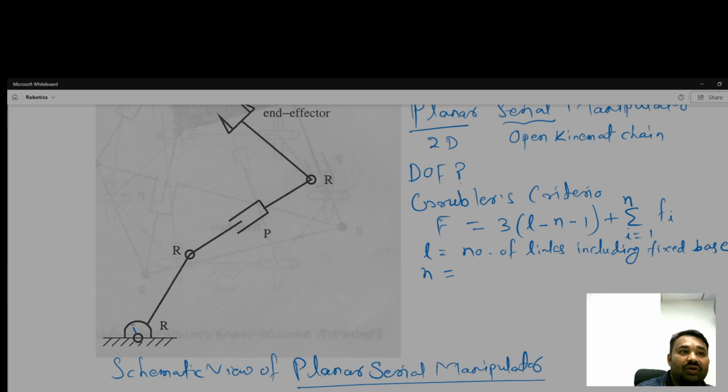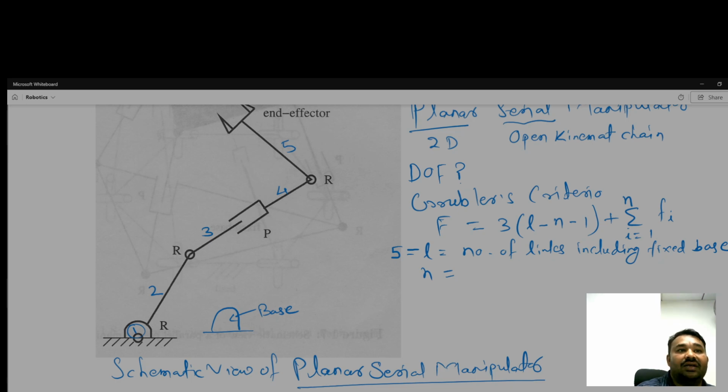Firstly, the number of links. This is one link, the base of the robot, and these are serial numbers 2, 3, 4 and 5. So L is equal to 5. And what about the number of joints?